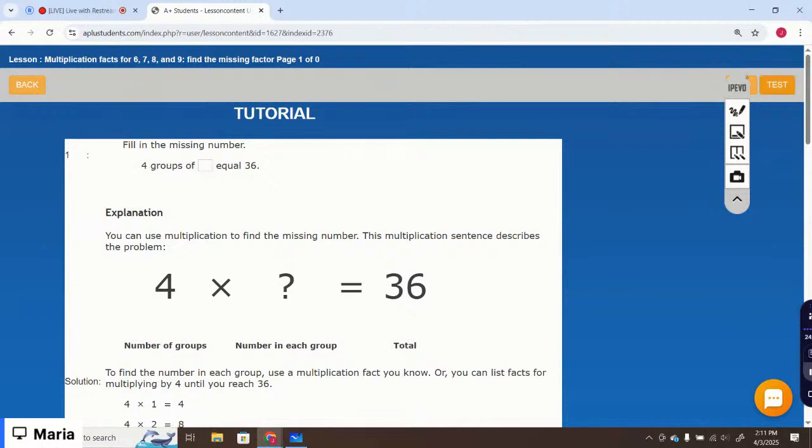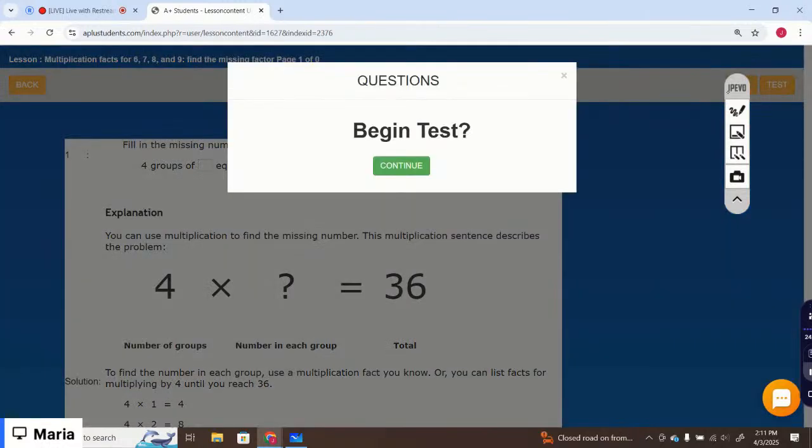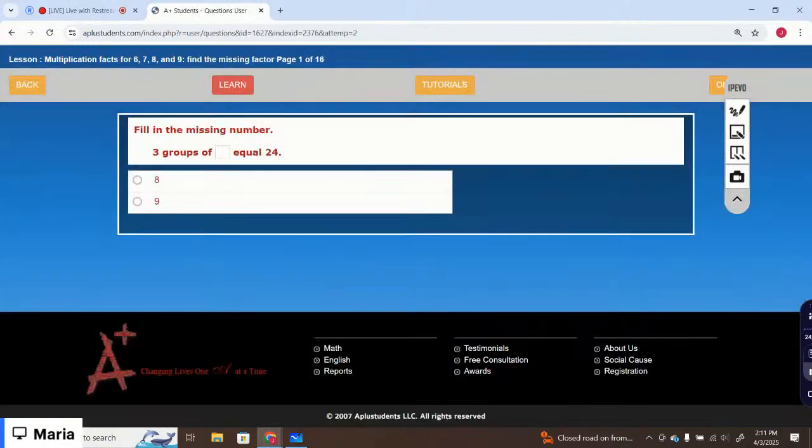4 times 9 is 36. Okay, fill in the missing number. 3 groups of dash equals 24.